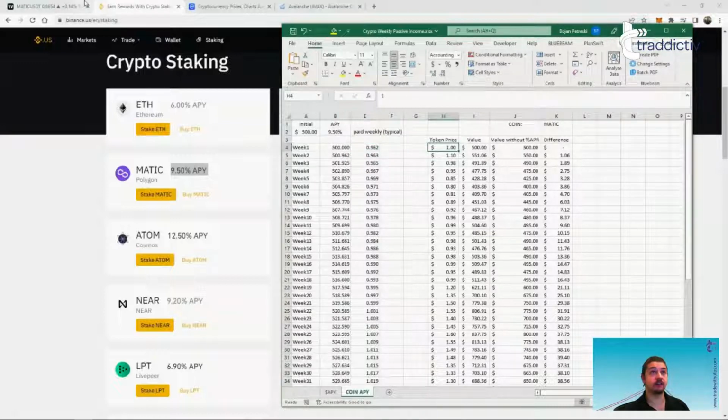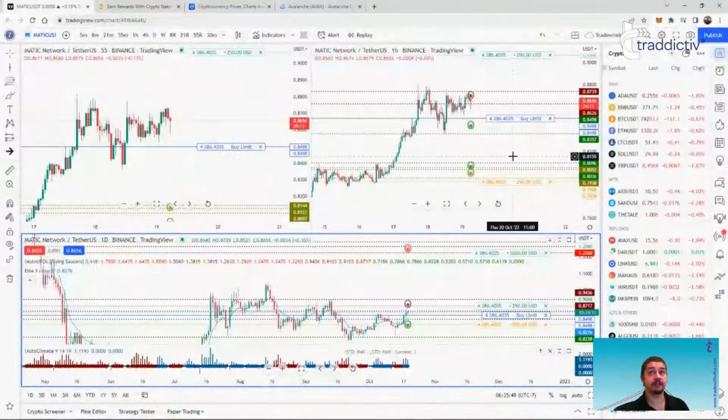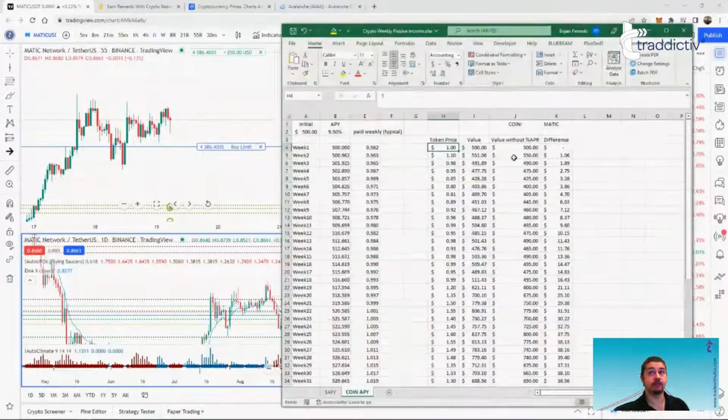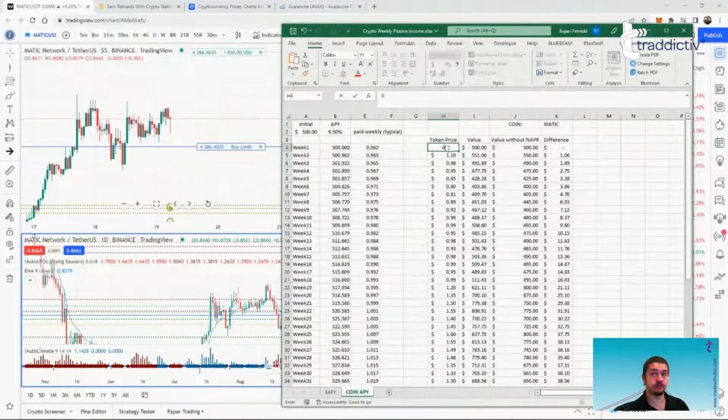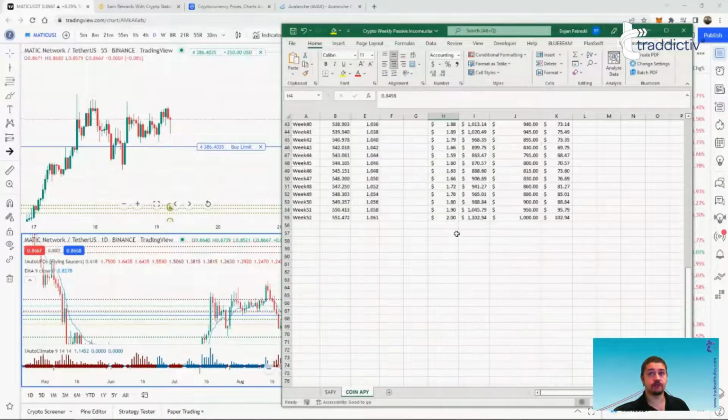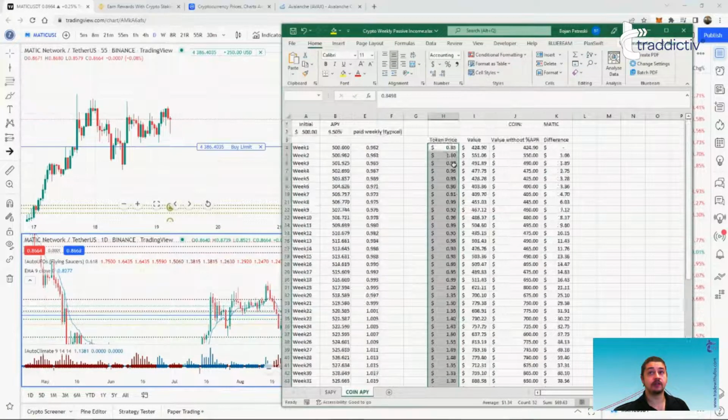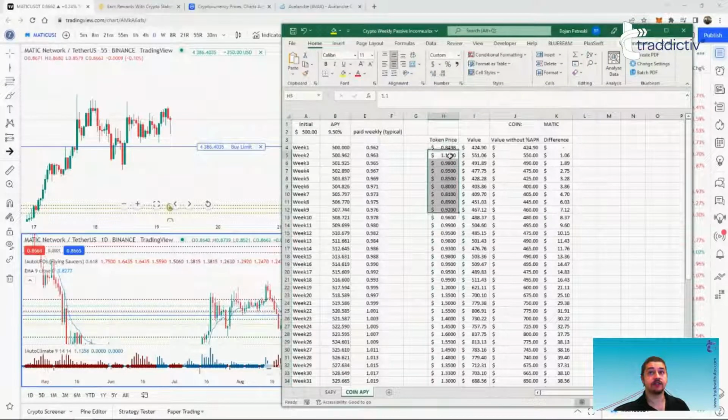It's not a dollar. Matic at the time of purchase will be 0.8498. And just for the sake of argument, because obviously this will be an example, I'm gonna increase the decimal places so we know exactly what it is that we have.